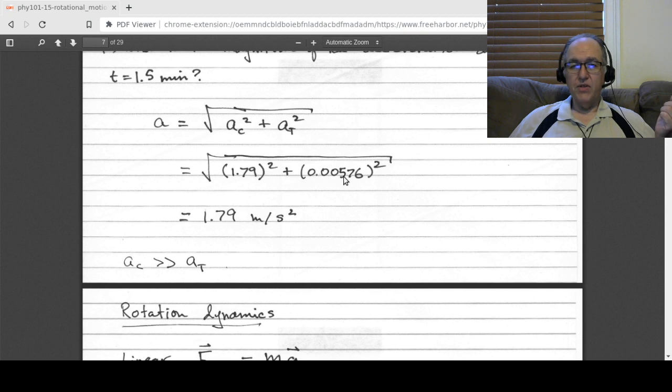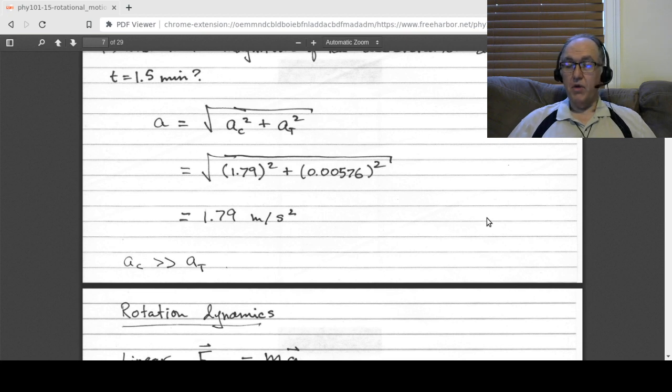But here you've got like 0.005, and when you square a small number, you get an even smaller number. So if you did this on your calculator, you would just get 1.79 with maybe some decimals way out there, but nothing that you would keep once you round off.